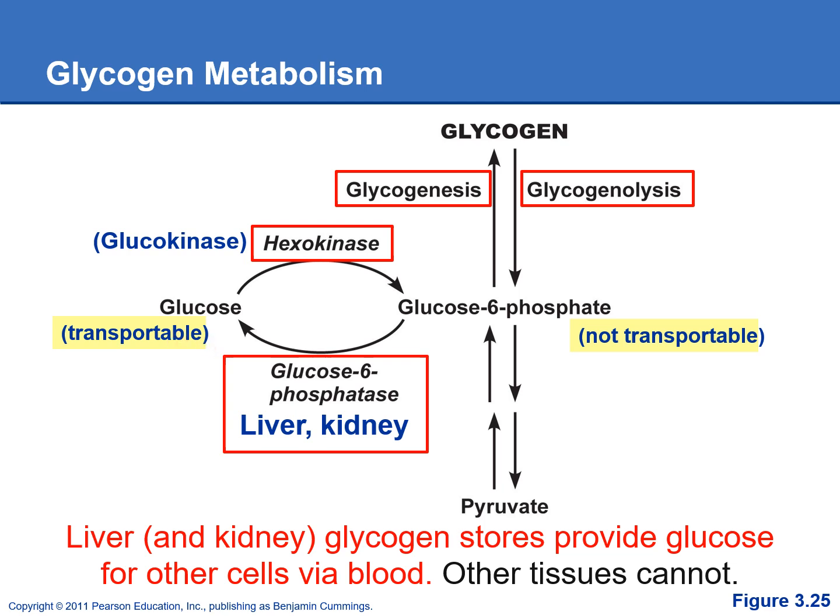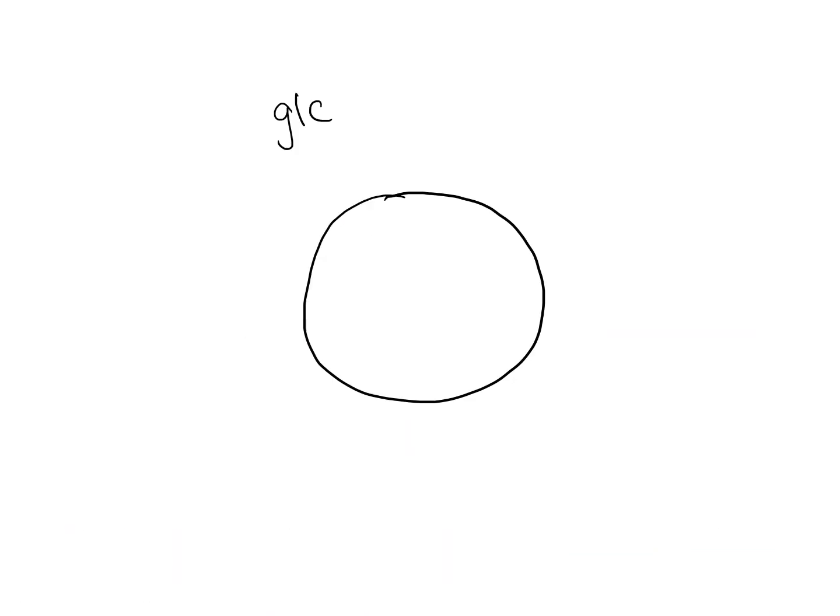Okay, so let's just draw this out. So here we've got some glucose, and we're going to have it come into the cell here. And when it comes in, we're going to stick a phosphate group on it. And so what's going to do that is a kinase enzyme.